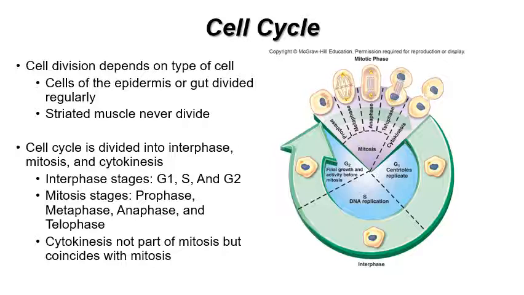We talk cell cycle. I'm not going to go over all these stages, but you can see the cell cycle. You've probably seen this in anatomy. We have a G1 phase, an S phase, a G2 phase, and then mitosis and cytokinesis.